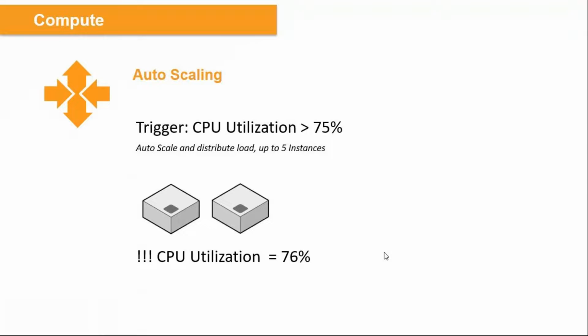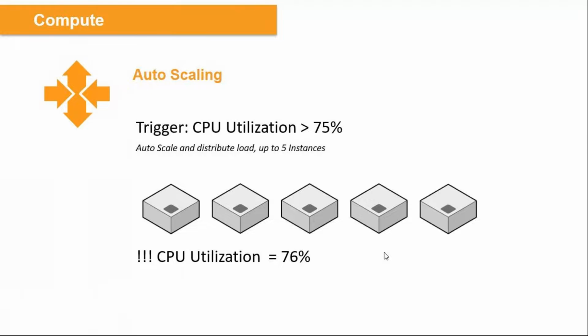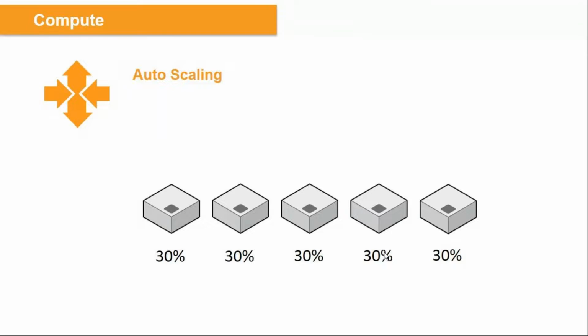So when the CPU utilization reaches 76%, it automatically deploys a second virtual machine, and so on. It all depends upon how much of a limit you have put. If you have put a maximum cap of five instances, then it stops at five, and then divides the load on all the machines.